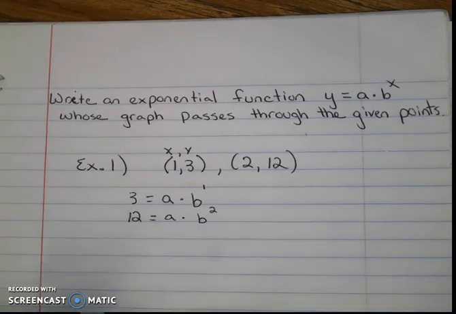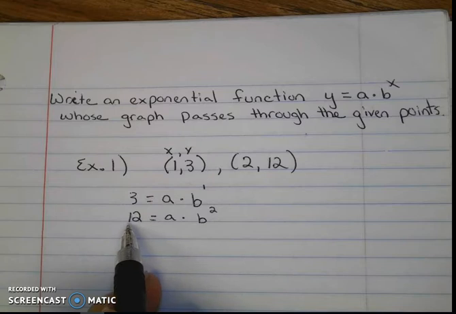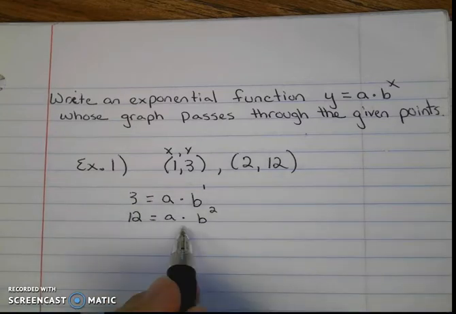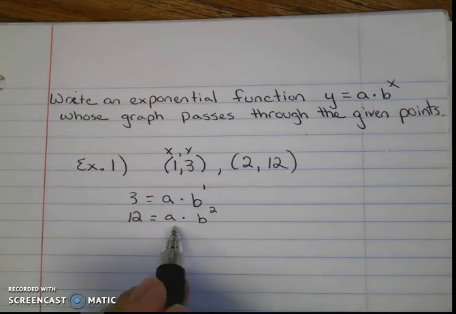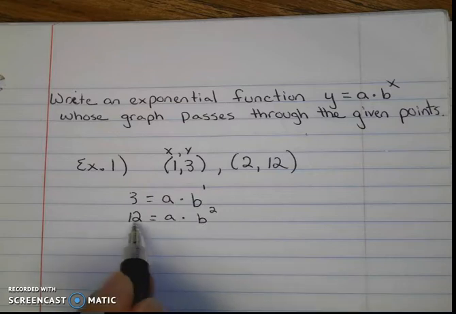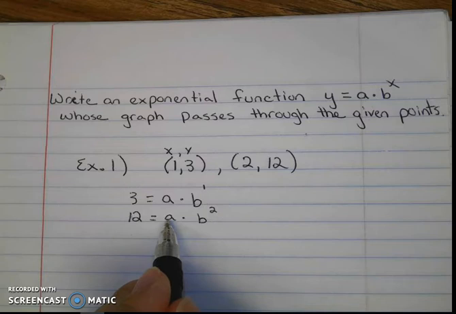Okay? So to solve the system, I'm going to go ahead and use substitution. Substitution method means that we have to take one of these equations and solve for one of the variables. So I'm going to use the second equation and solve for a.